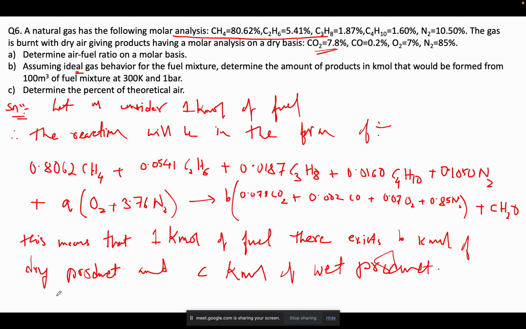Here we have assumed 1 kilomole, so the products formed are B kilomoles of dry product and C kilomoles of wet product.